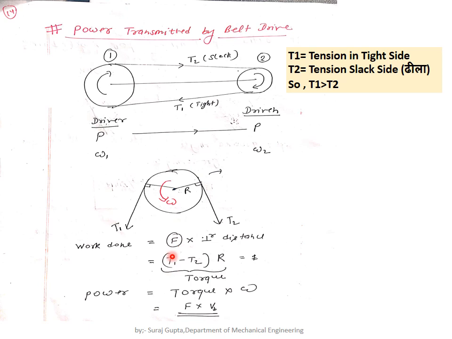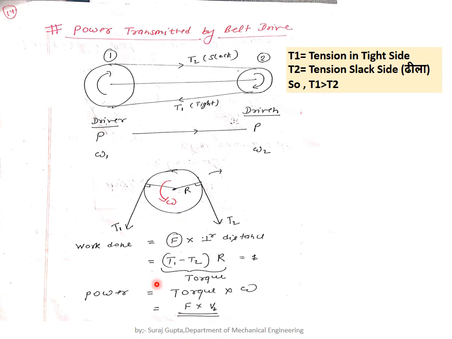So this is force T1, and this is minus T2 because it is clockwise, and this is anti-clockwise, but the resultant is anti-clockwise, so T1 is greater than T2. So T1 minus T2 into R is the torque, and this torque is responsible for the work done of the pulley. Then we can find out the power.